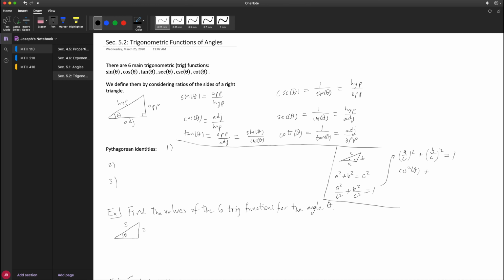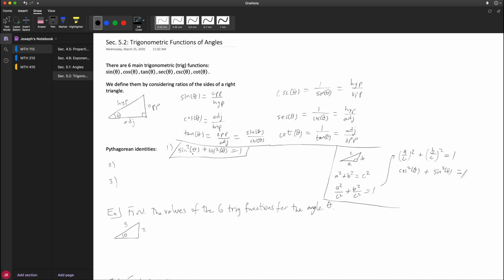Similarly, b over c is opposite over hypotenuse. Well, that's sine squared of theta, because it's being squared right here, right? So that's where the square comes from, equals 1. And so this is our first Pythagorean identity, the fundamental Pythagorean identity. And often we write sine squared first, so it's sine squared theta plus cos squared theta equals 1. And this is the main one from which you can derive all the others.